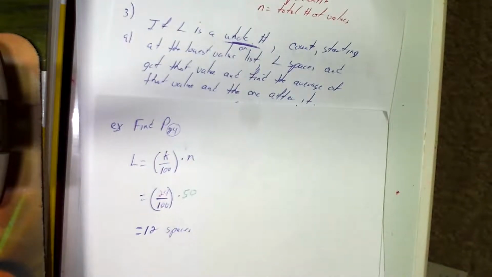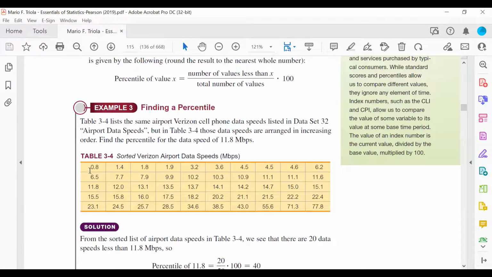All right. So let's go to our list. I'm going to count starting at the beginning. I'm going to count 12 spaces. 1, 2, 3, 4, 5, 6, 7, 8, 9, 10, 11, 12. There's 12. It's 7.7. So I'm going to take 7.7 and the 7.9, and take the average of those two numbers.